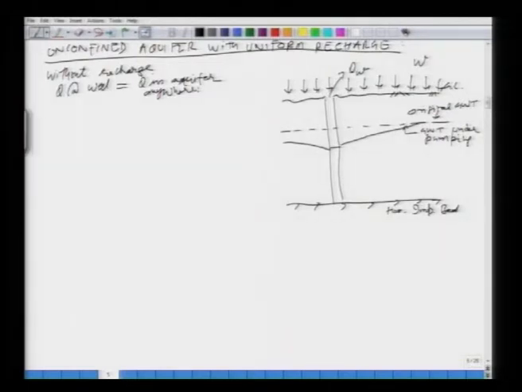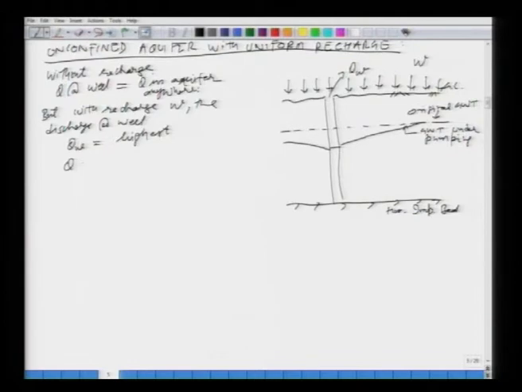So, once we do that, let me rephrase what we are trying to say. The recharge value is W, the discharge at the well, QW, actually is going to be the highest, and Q in the aquifer at any location will be a function of r.